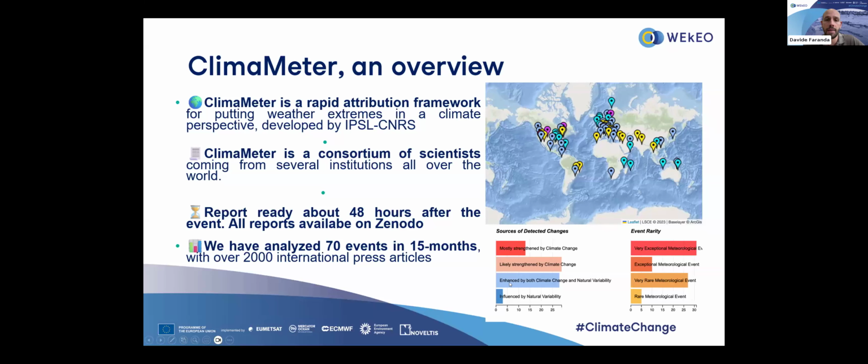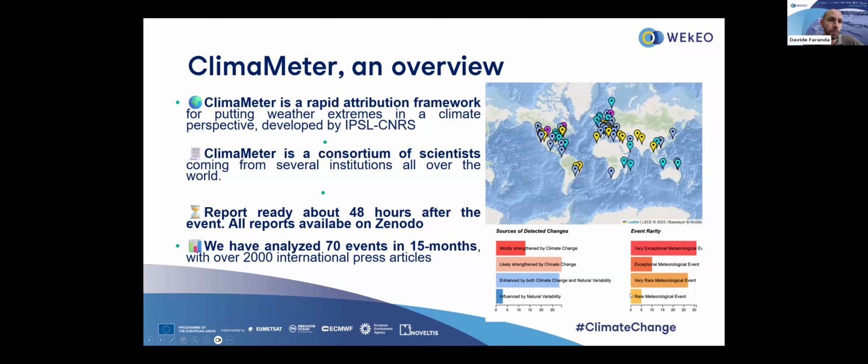And then we have an interplay of natural climate variability and climate change for about 30 events, and just 3 of the events that we have analyzed out of these 70 are not linkable directly to anthropogenic greenhouse gas emissions. So we see that in most of the events that we have analyzed, we can really detect an influence of anthropogenic climate change on the events.